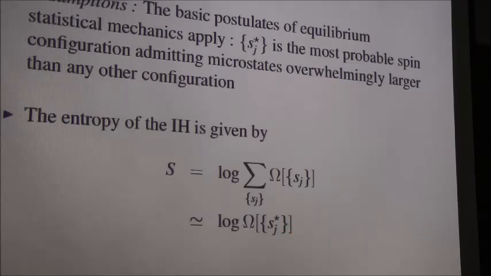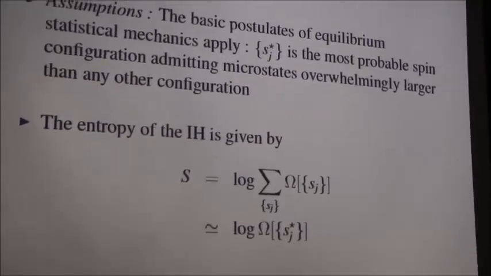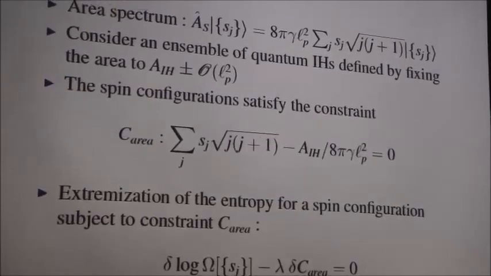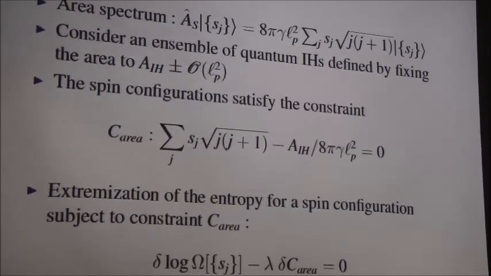What I have to do here is find the most probable configuration, given the constant area, because I am only looking at those quantum states which will give the quantum area with a classical value plus or minus order LP square. So here is the definition of the area ensemble.